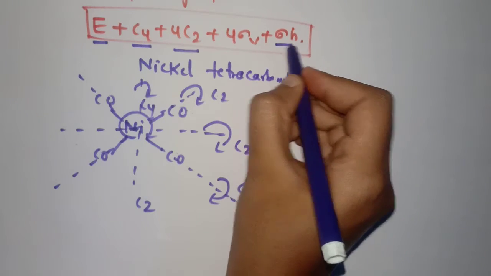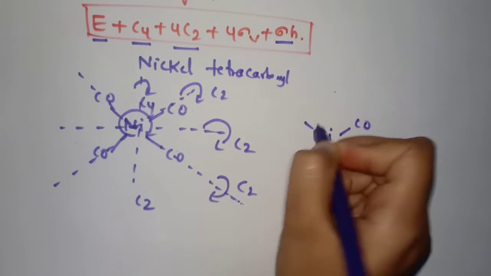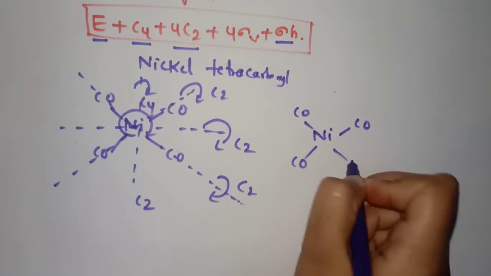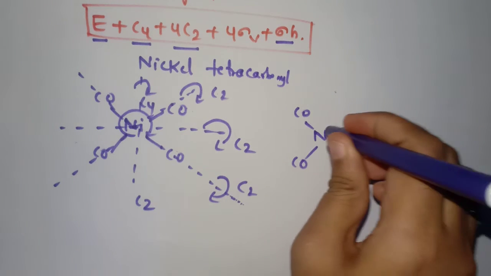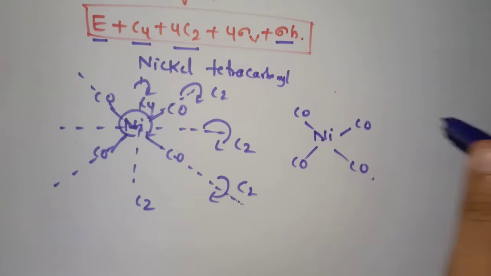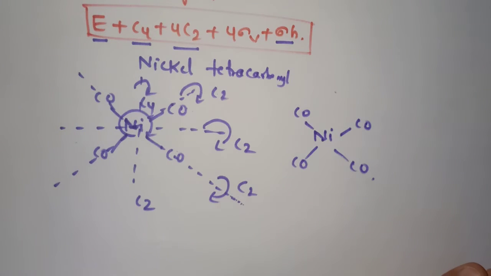Let's find the sigma H first. See, here it is nickel tetracarbonyl. Here is the principal axis. And what is the horizontal plane of symmetry? It is perpendicular to the principal axis.